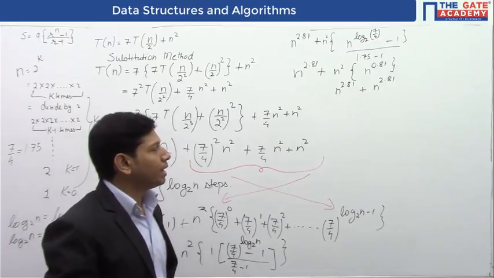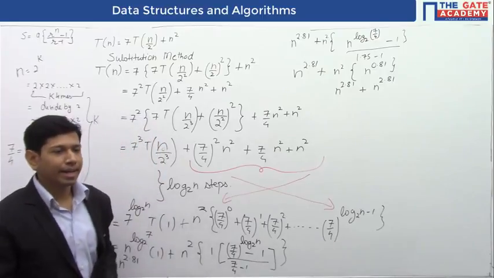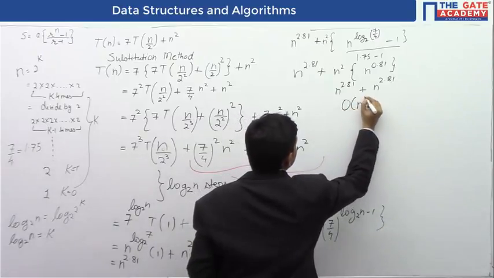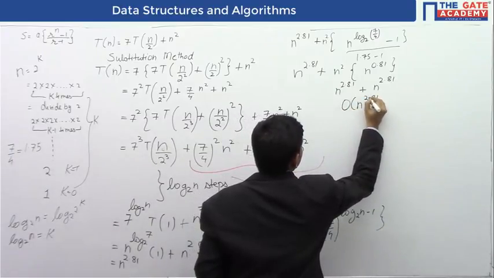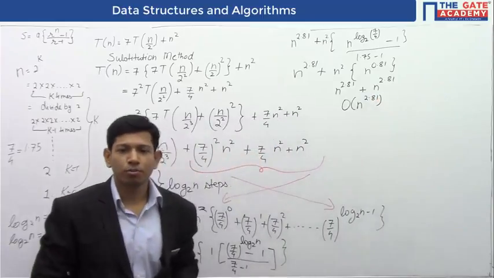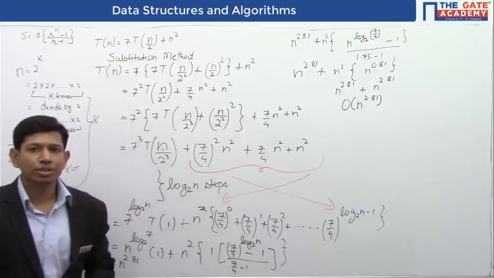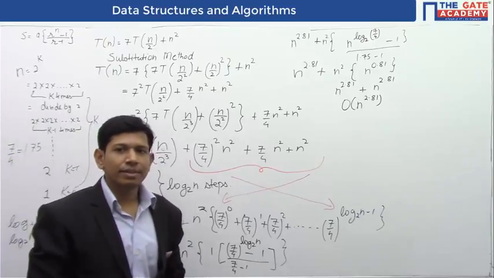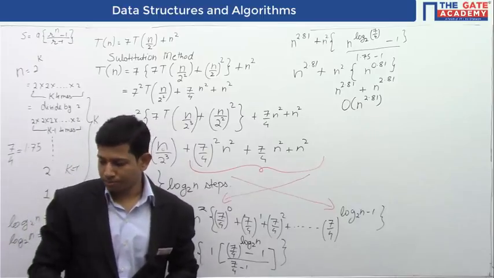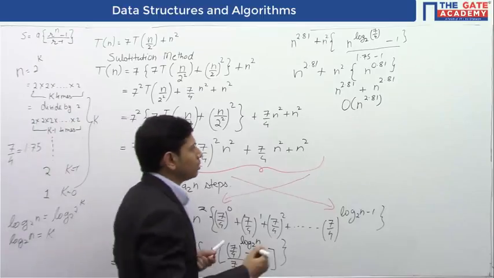That's why the answer will be n raised to the power 2.81. So this is how we solve this problem using the substitution method. Next, we will see how we solve the same problem using the Master theorem.